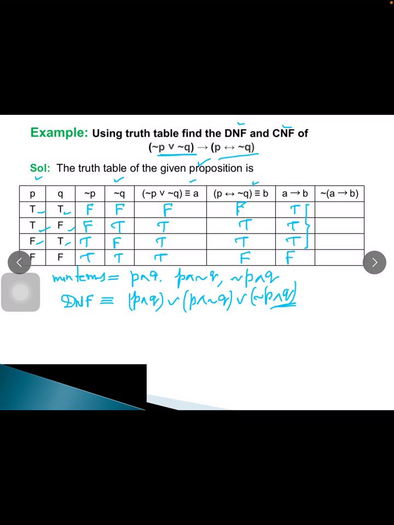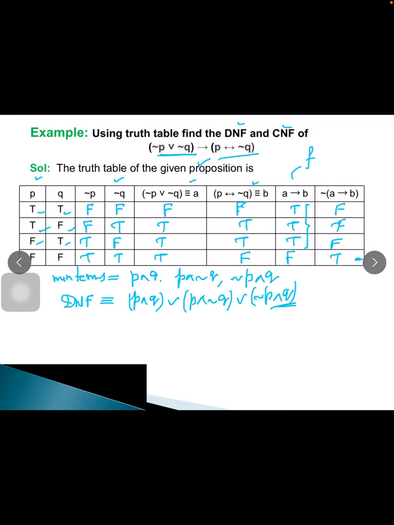Now next we find the CNF. How to find the CNF? To find the CNF, first we need to find the negation of this, because in our earlier example we said that this is F, right? So first we find the negation of F. This is true, this is false, this is true, false, true, so it becomes false and true. In this case we have only one row that is true.